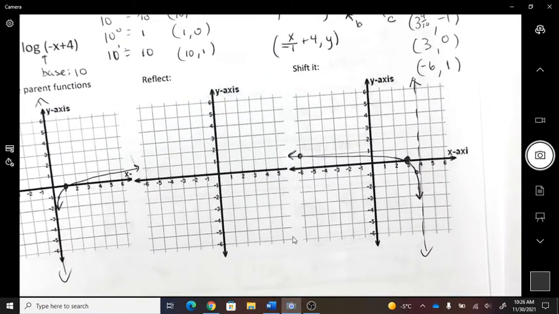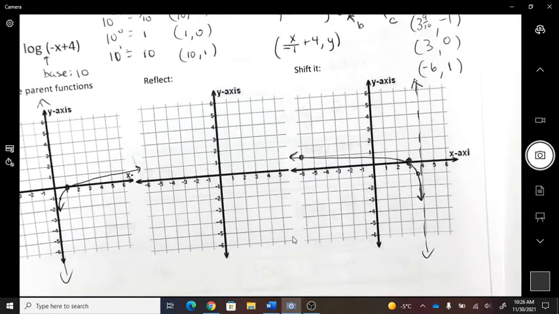So there's my final graph. Okay, I see that reflection, right? It flipped across the y-axis, and then it also shifted right 4. So I can see those things.